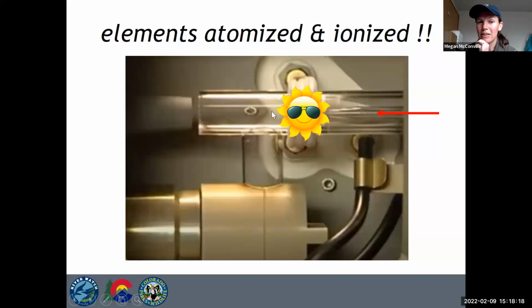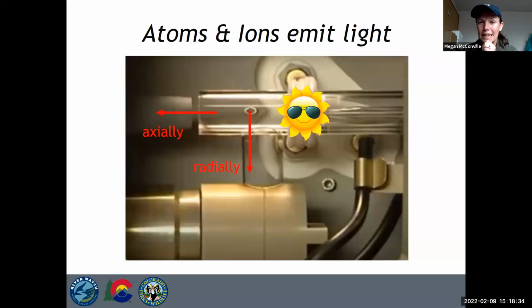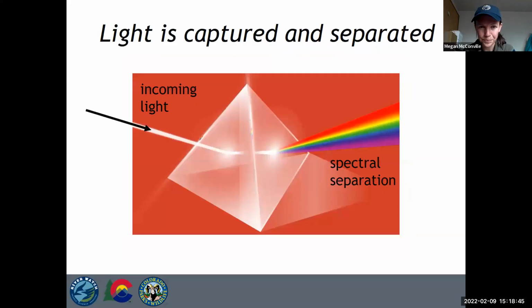Some of that light is better detected in what's called the axial direction, so it goes in line with this center tube across the picture here. And some of it is detected radially. There's a little hole down here, and you're detecting it this way. So, axially and radially. These atoms and ions emit light at these known and specific frequencies, and each one has a unique fingerprint.